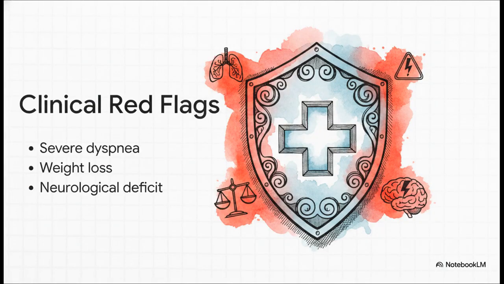Because, as the texts make very, very clear, homeopathic philosophy does not somehow replace emergency care or a proper medical diagnosis. If severe red flags appear, and we're talking about things like severe dyspnea, totally unexplained weight loss, high persistent fevers with lethargy, or acute neurological deficits, the framework immediately mandates conventional medical assessment or an emergency referral, no exceptions. Patient safety absolutely always dictates the clinical boundaries.